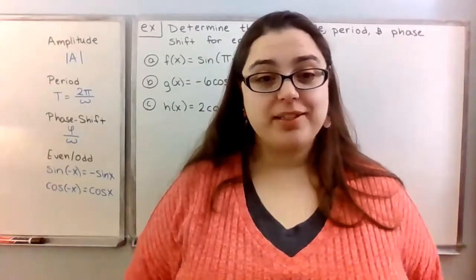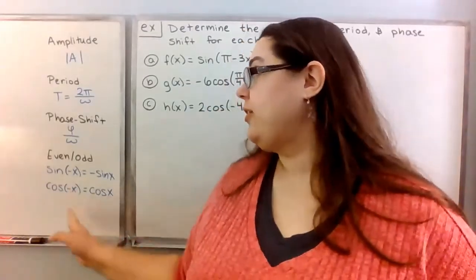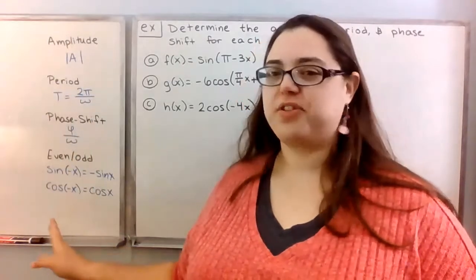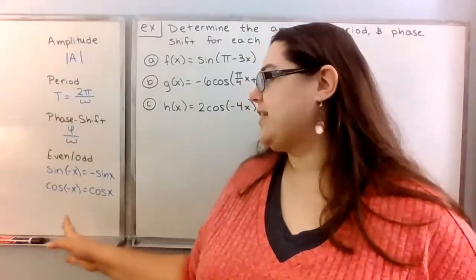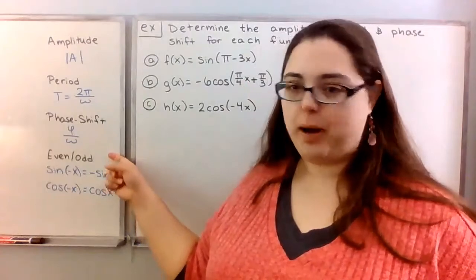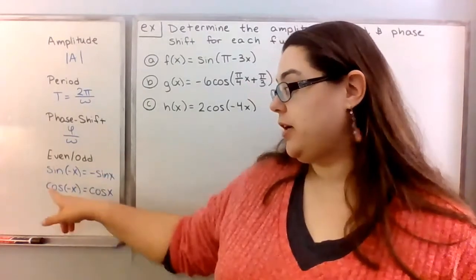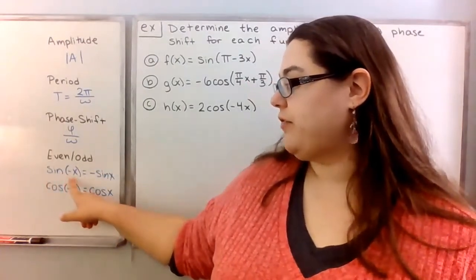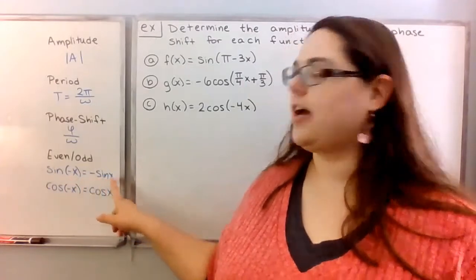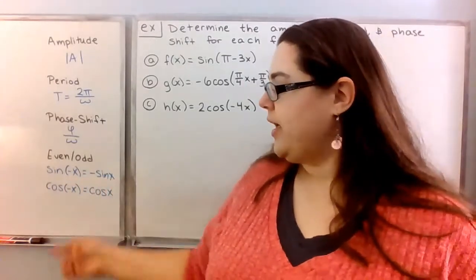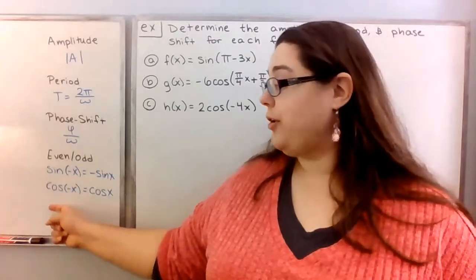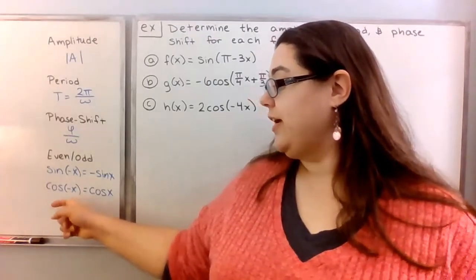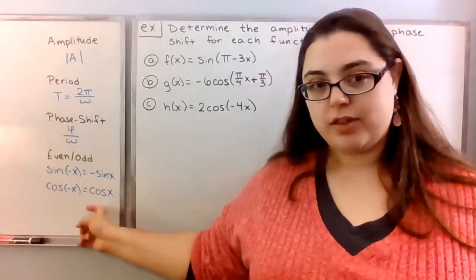Alrighty, so to help us complete this example, I've written down our important formulas and terms over here on this side. And as a reminder, for the even and odd property, sine was odd. So that meant that sine of negative whatever is negative sine of whatever. And cosine is even, so cosine of a negative thing is the same as just cosine of the thing.